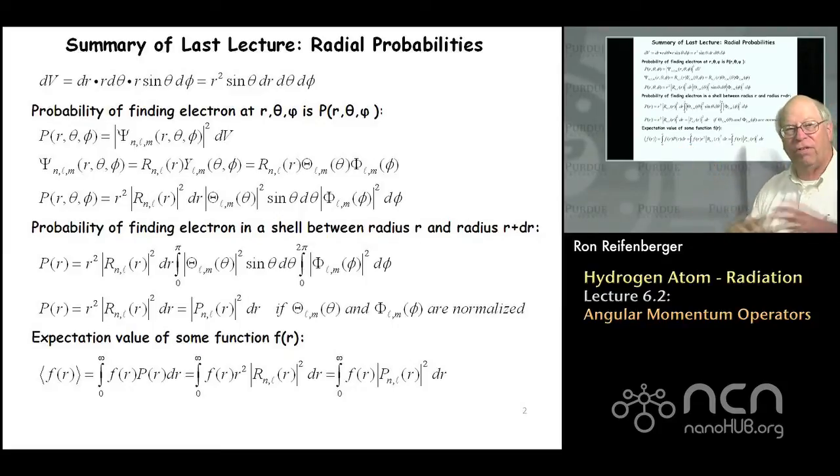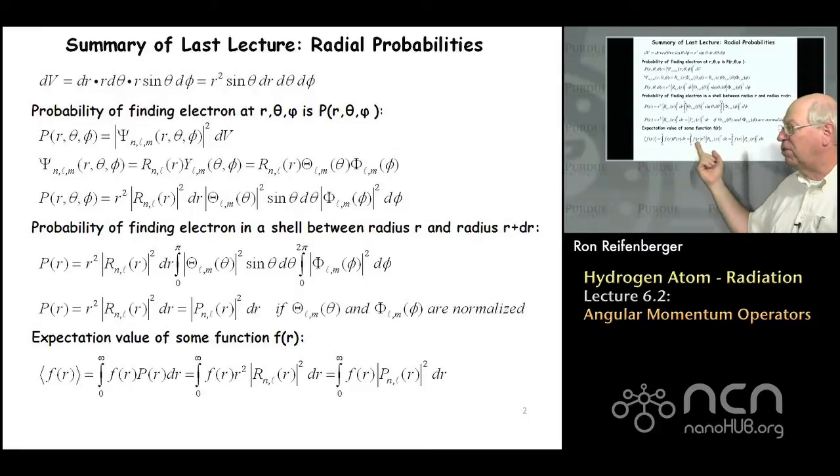So if you have a physical theory that says some quantity of interest is a function of the radial position of the electron, you can find out what the expectation value for that function is by just integrating that function times the radial probability density, capital P of r.